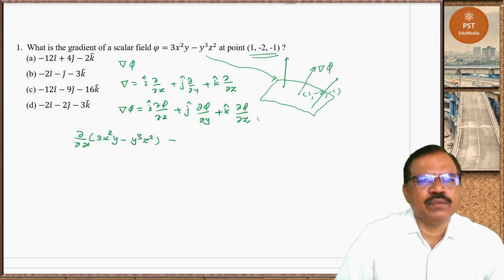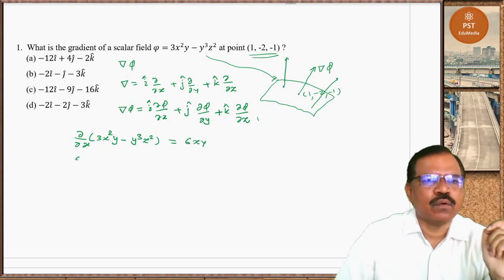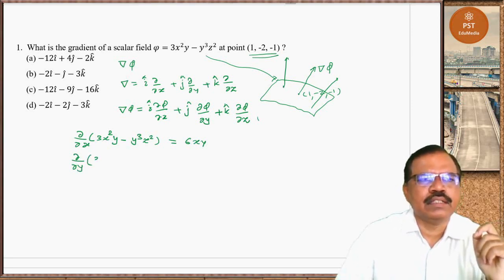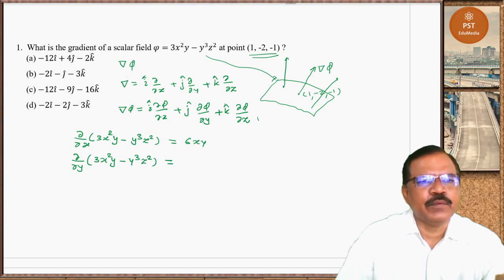Now the derivative with respect to x: in the second term there is no x, so we will get 6xy. Now del by del y of 3x square y minus y cube z square: if we differentiate with respect to y, we will get 3x square minus 3y square z square.